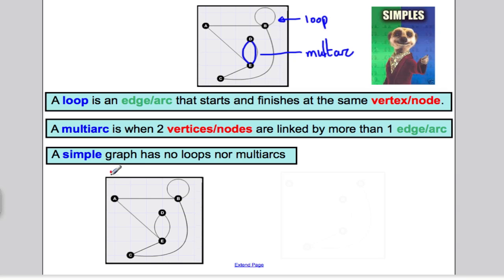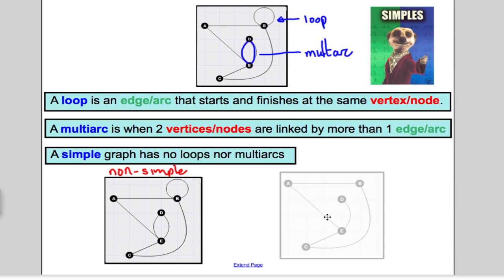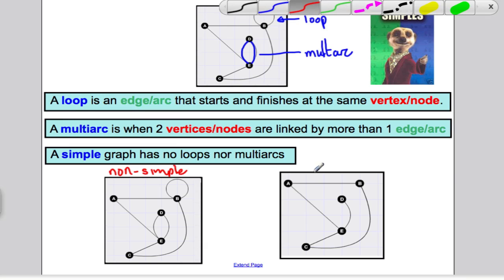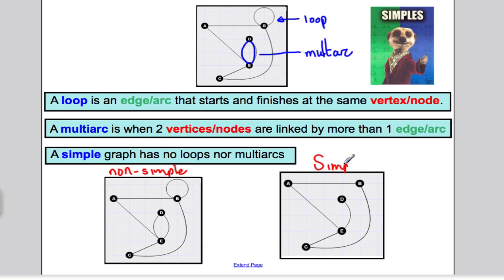I might even call this non-simple, because it has both a loop and a multi-arc. Whereas in this picture here, there are no loops and there are no multi-arcs. So this here is what we define to be a simple graph. So I would call that one simple. Nice and easy. So a few more definitions there.